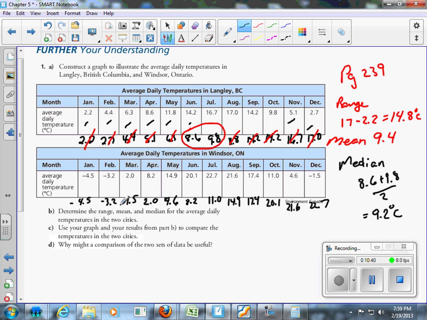So I found the range, mean, and median for the first city.